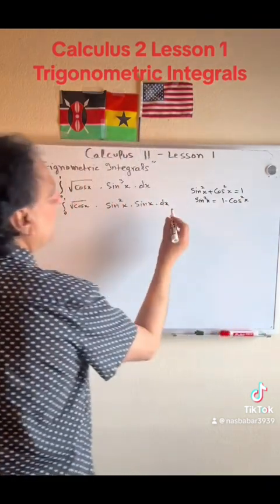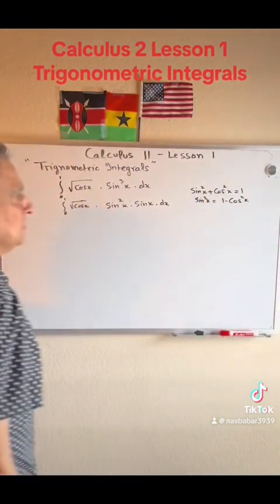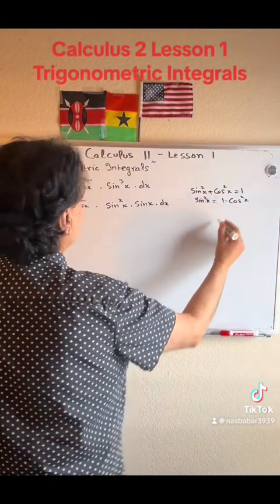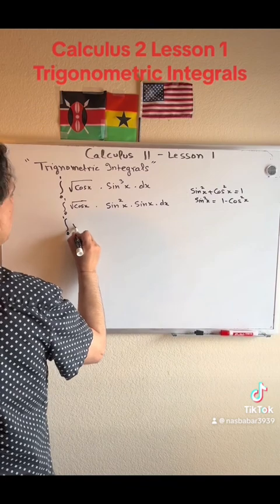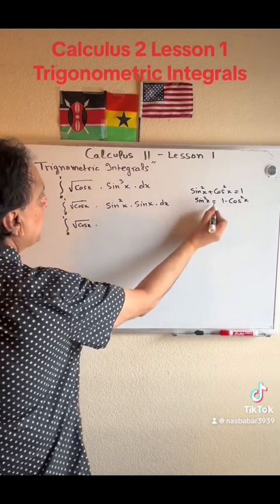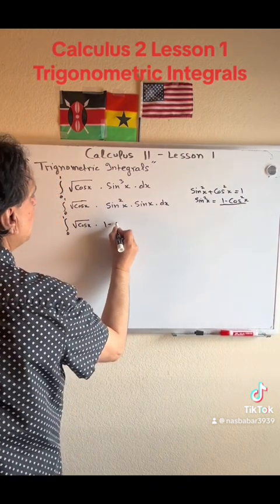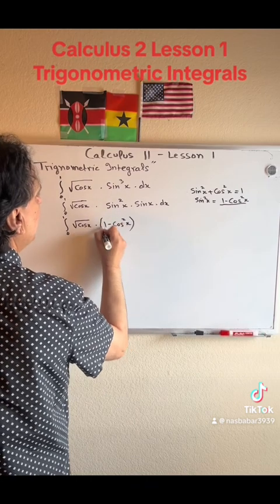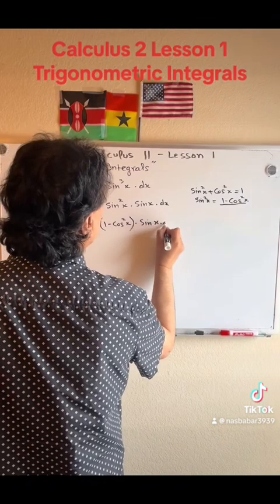All I'm doing is shifting cosine square to the right hand side. Then I plug in the value of sine square in here. So from 0 to 1, cosine of x times, plugging this in, 1 minus cosine square x, times sine x dx.